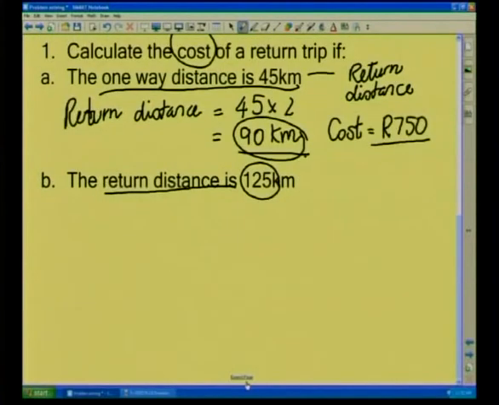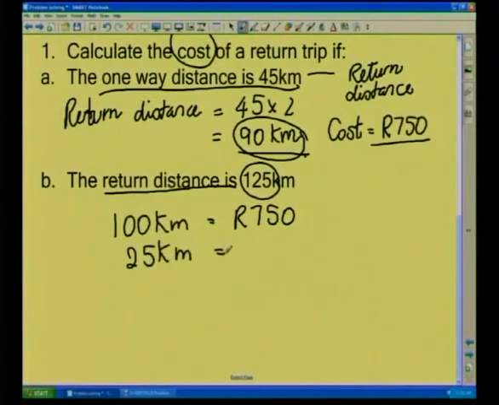So we know that 100 kilometers is equal to 750 Rand. And then every kilometer over 100 kilometers, and in this case it's going to be 25 kilometers over, is equal to 5 Rand per kilometer.